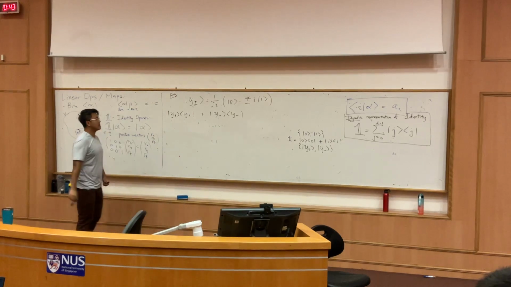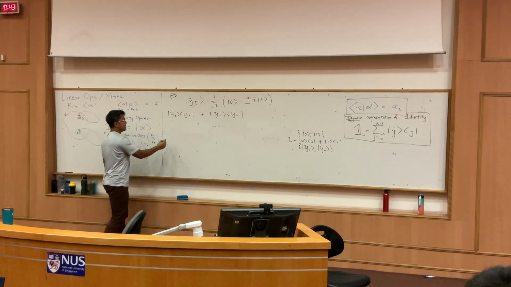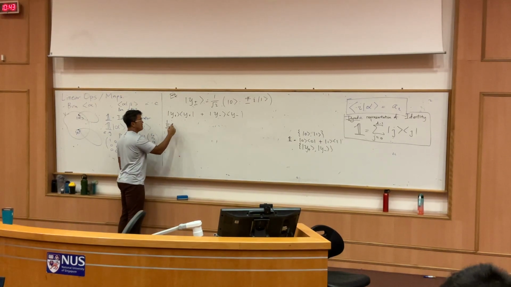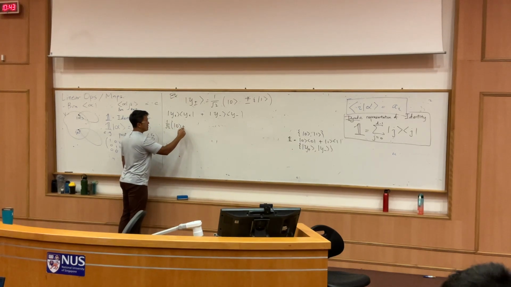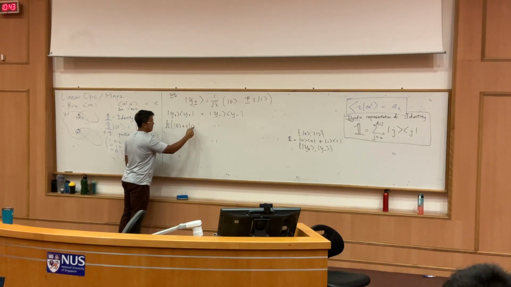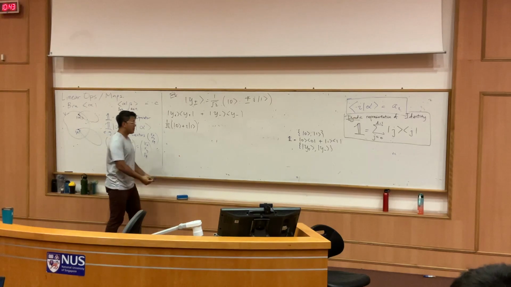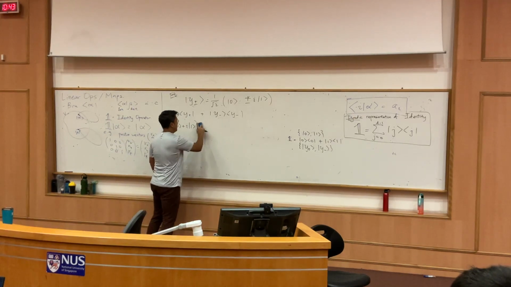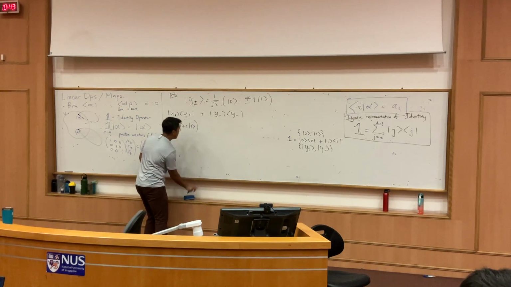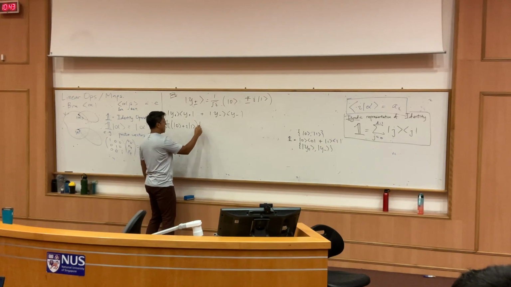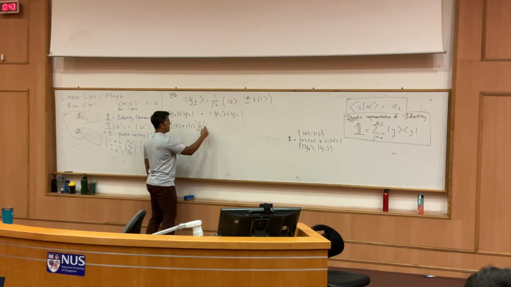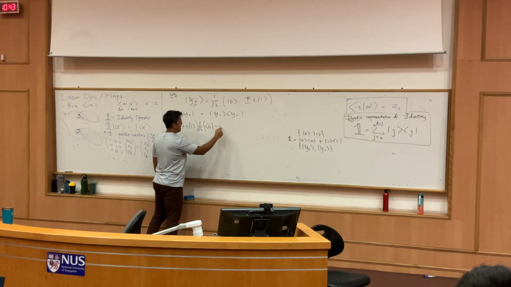Let's do the first guy. That is 1 over square root 2, |0> plus i |1>, outer product, the dagger, which is 1 over square root 2, <0| minus i <1|.